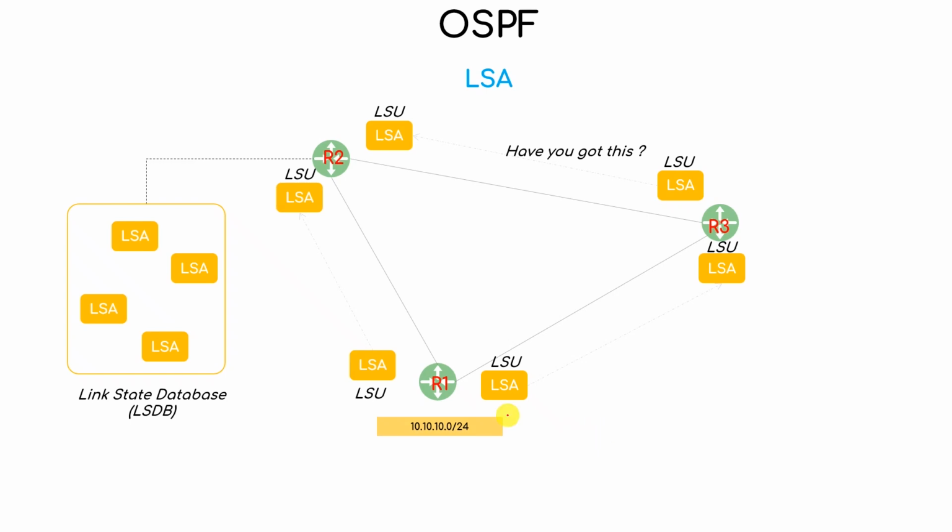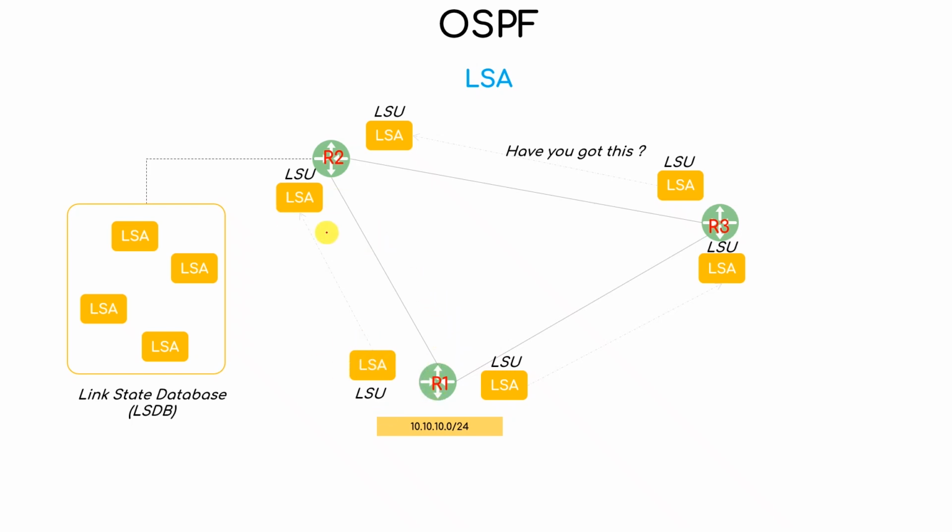For example, I have router 1. It creates an LSA for itself and subnet 10.10.10.0/24 and floods it to router 3. Router 3 floods one more time to router 2. So router 2 and router 3 now have the information of router 1. Router 2 also wants to flood to router 3, but before it does, it checks whether router 3 already has the LSA or not.